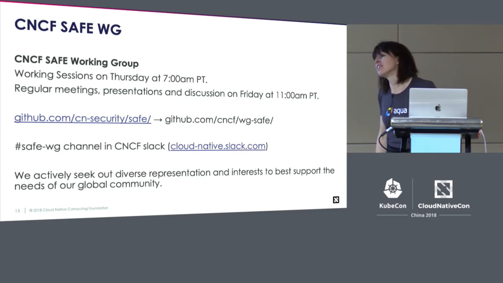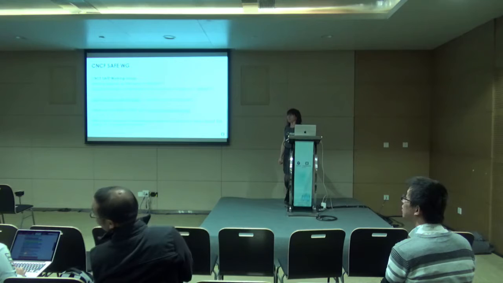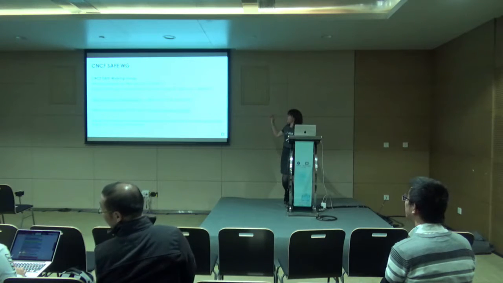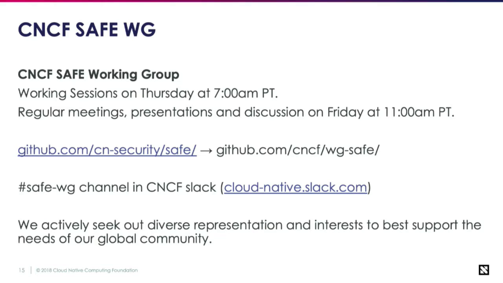Yeah. How can we join your security work? Yeah, so the best thing to do is to join one of those calls. If you go to the GitHub repo, it publishes the dial-in details. You can join the SAFE working group channel in the CNCF Slack and just say hi.